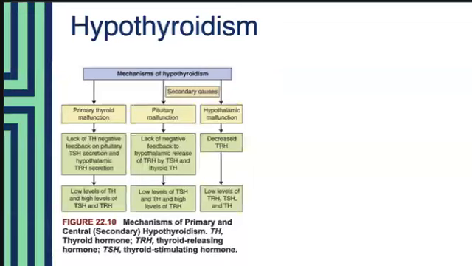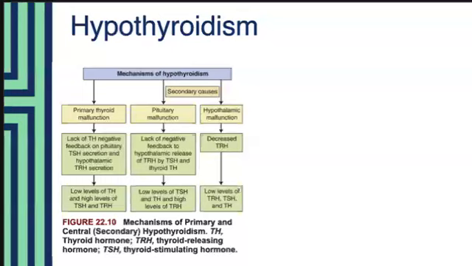One of the most common causes of primary hypothyroidism is mostly caused by an autoimmune thyroiditis disease called Hashimoto's, and it's more common in women than in men. So when we see this, that is something to consider if you're looking at hypothyroidism in a woman versus a man, considering that primary cause of Hashimoto's.